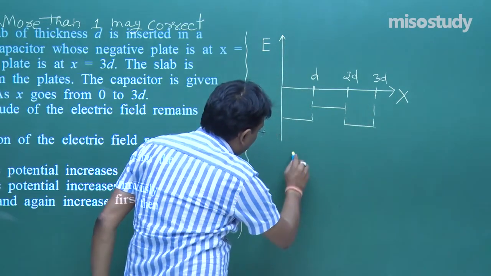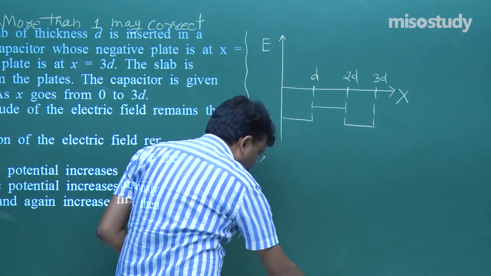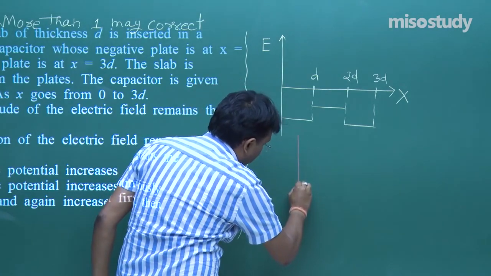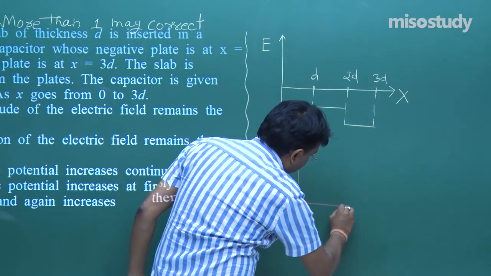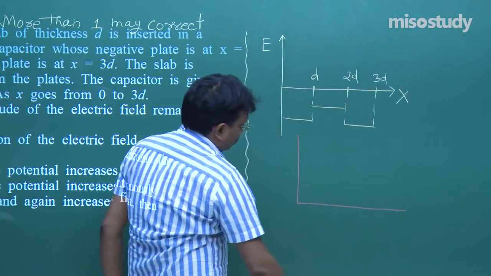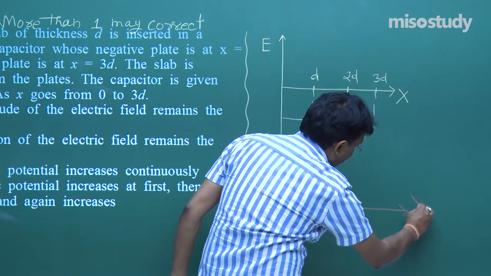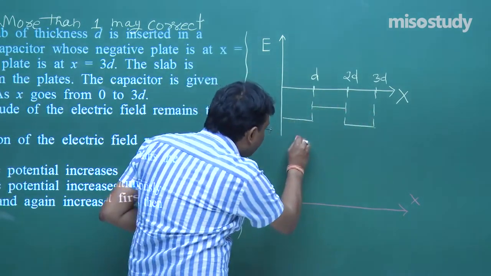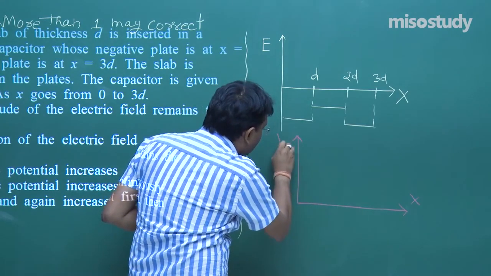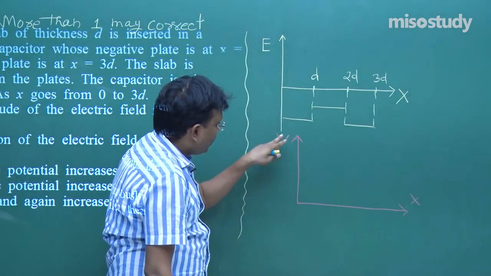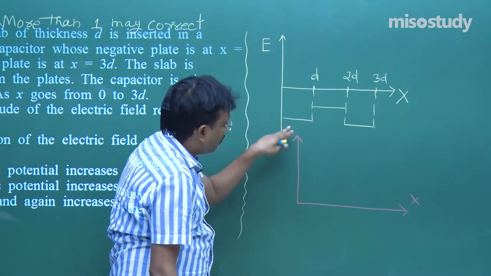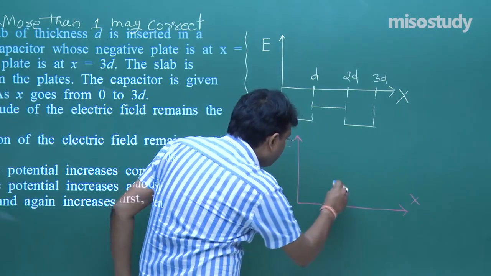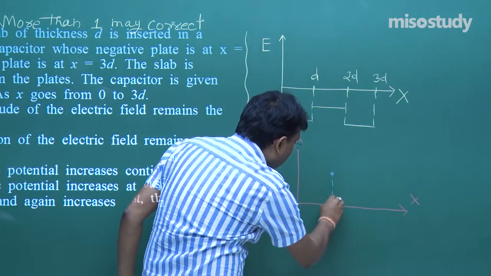Fine. Now let us talk about the potential, and here I think I should use a different color chalk. So it is x, because everything is varying with the x axis, and it is potential V. The red color line is showing voltage or potential, and this is distance. Now, what is happening?